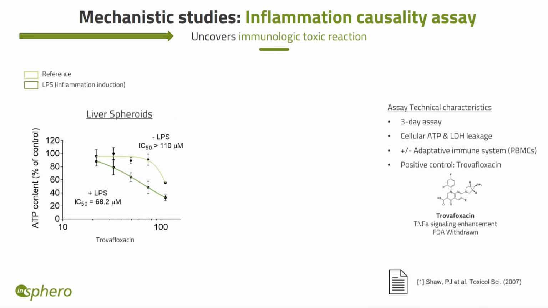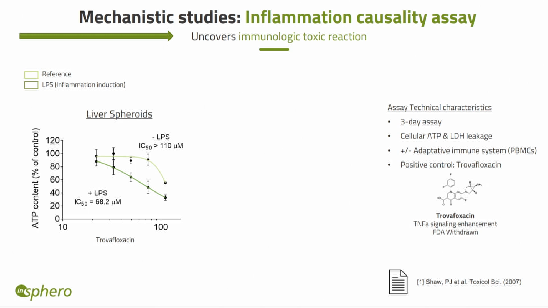And second, I would like to demonstrate how the liver spheroids can be used to detect inflammation-mediated toxicity. Inflammatory stress can sensitize the liver to a test compound or a drug and therefore decrease the therapeutic window. And here we can use our liver spheroid to detect sensitization of the liver with inflammatory stress. In this example, we have trovafloxacin as the positive control. Trovafloxacin was shown in vivo to lead to idiosyncratic toxicity due to the stabilization of TNF-alpha.